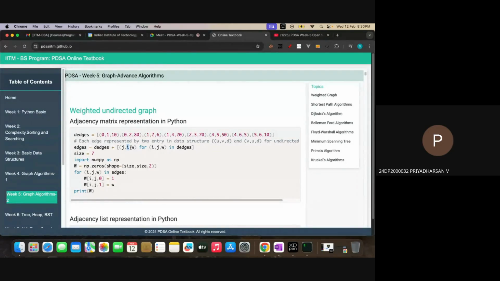So what happens, these edges are doubled and added into this. Now these edges have double the size of the available edges.